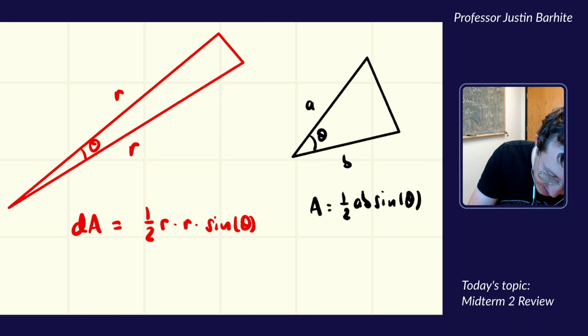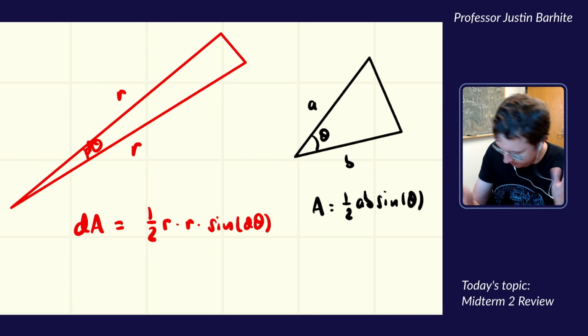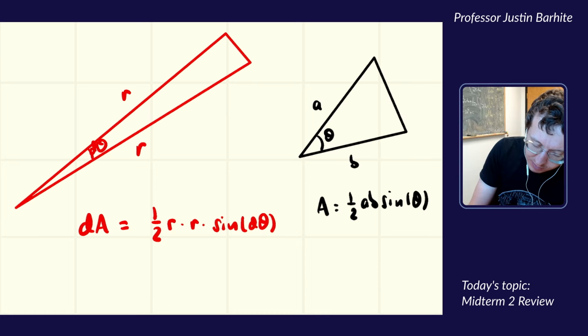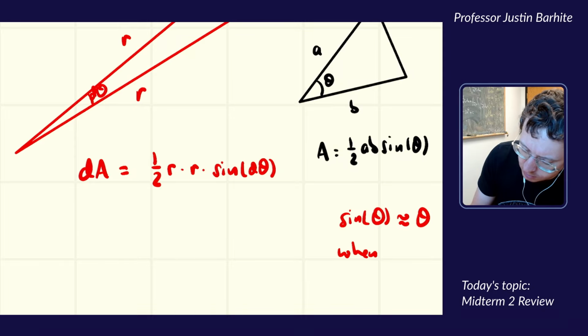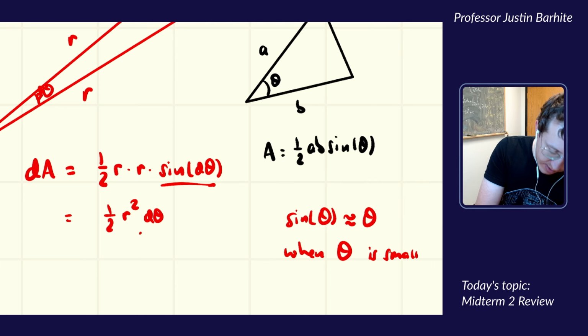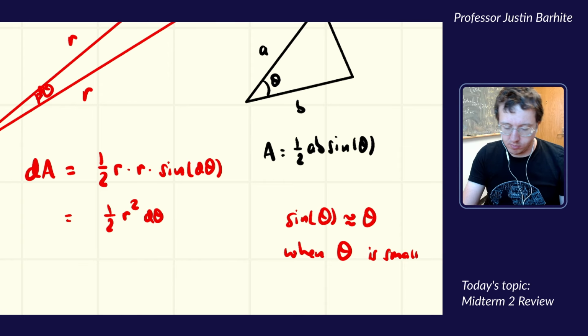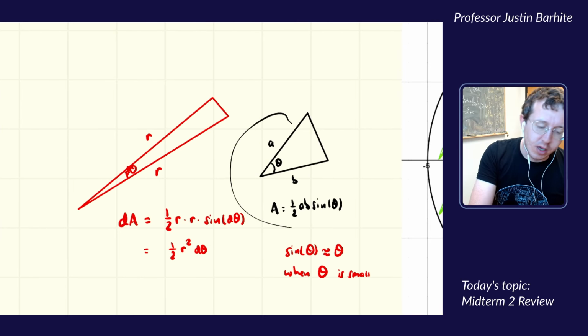I should call this d theta. Writing sine of d theta is maybe not great, but the point is that when an angle is small, the sine is approximately equal to the angle. So I can replace the sine of d theta with just d theta. That's where the r squared and the 1/2 come from. It's from this formula for the area of a triangle.